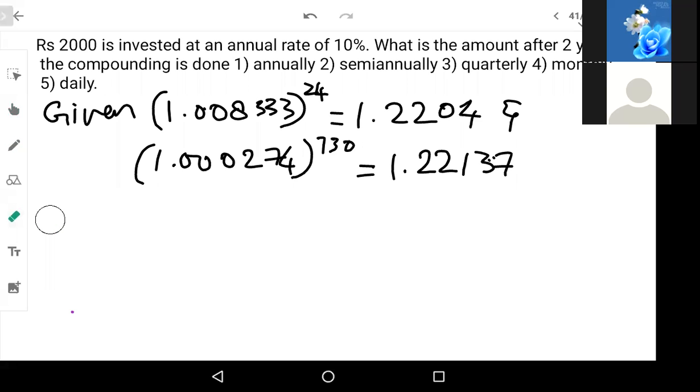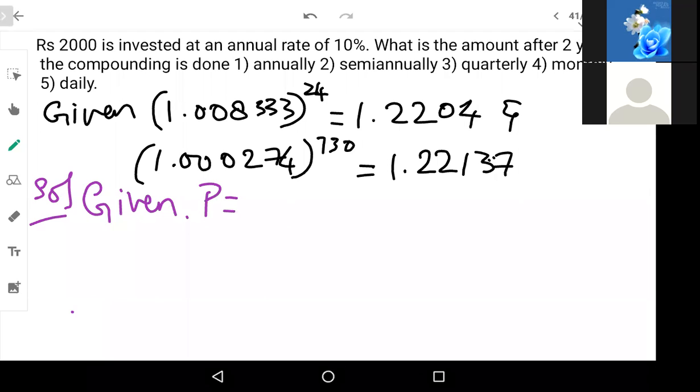So firstly, solution. Now what is given? One generally will write what is given to us. Principal is 2,000. Rate of interest is 10%. Time is 2 years.